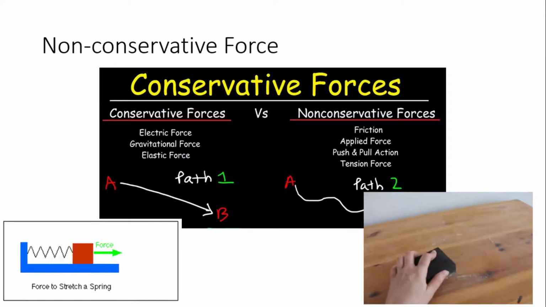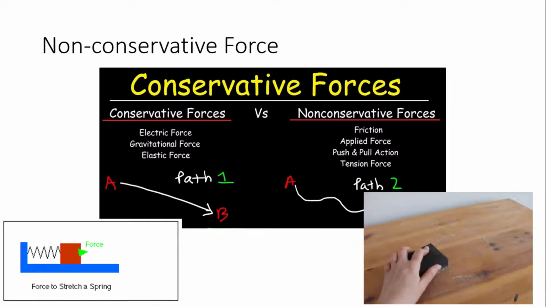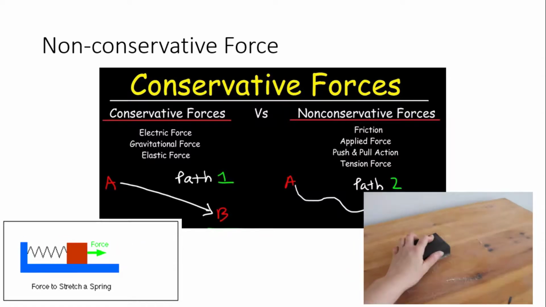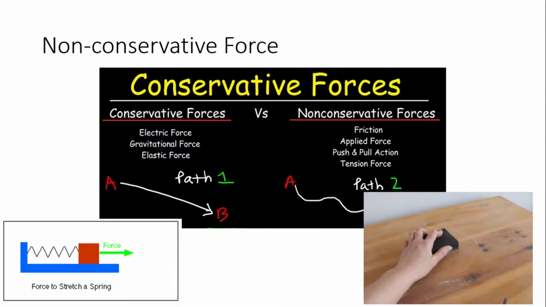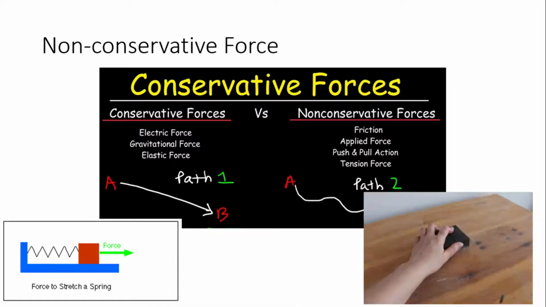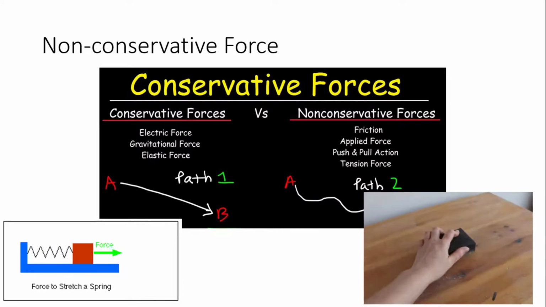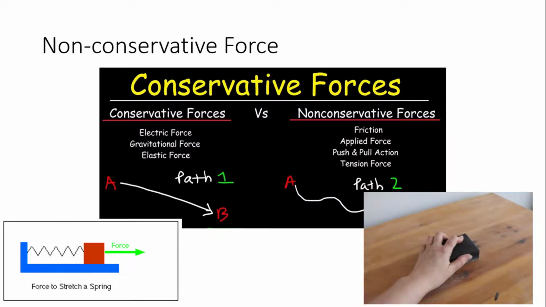And there's also something else: friction is also a non-conservative force. A good way to think of that is if you take a spring and you stretch it out, you let it go, and that force of the spring, the elastic force, is going to pull it back. It's going to be able to turn it all into kinetic energy, as long as it's a good spring.